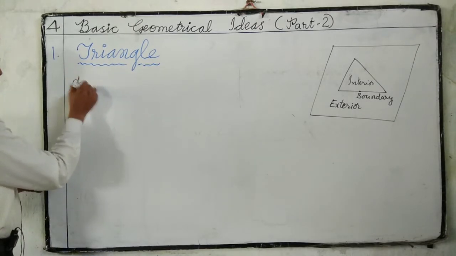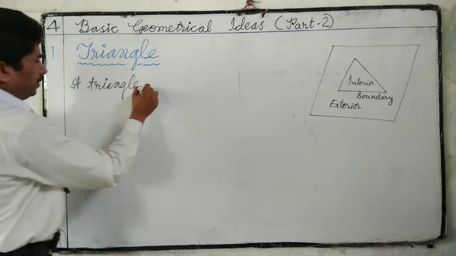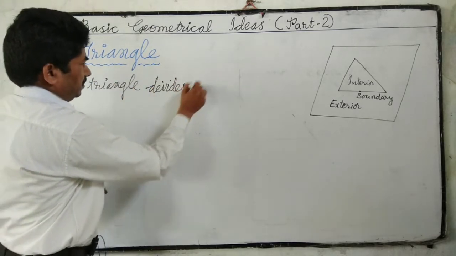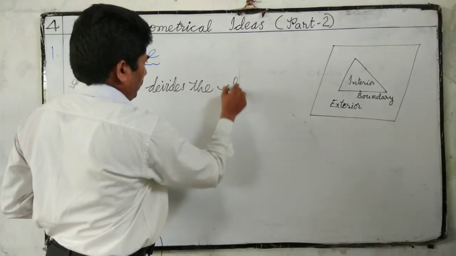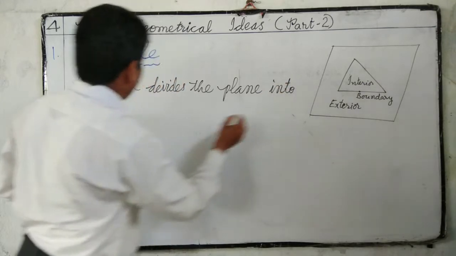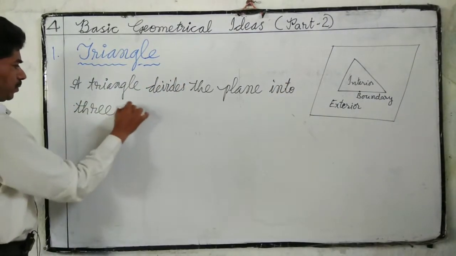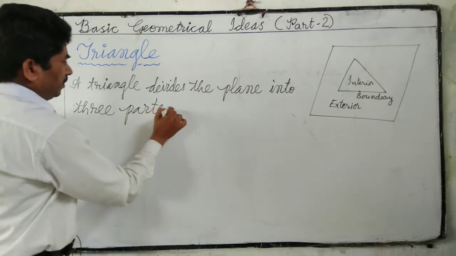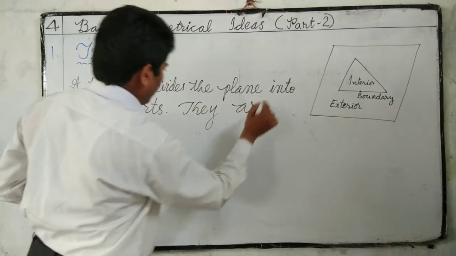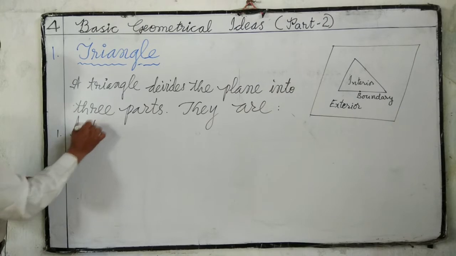A triangle divides the plane into three parts. They are: first one, interior of the triangle.